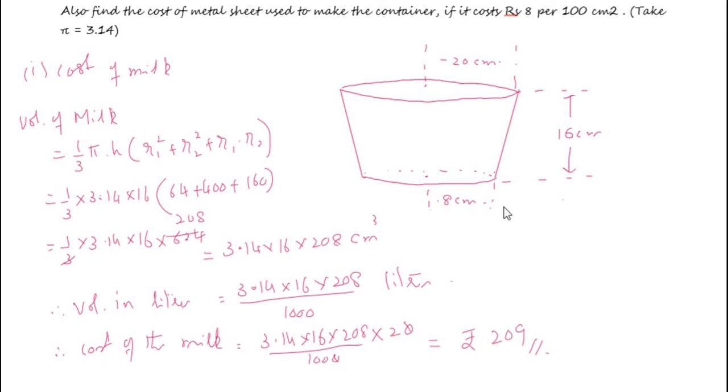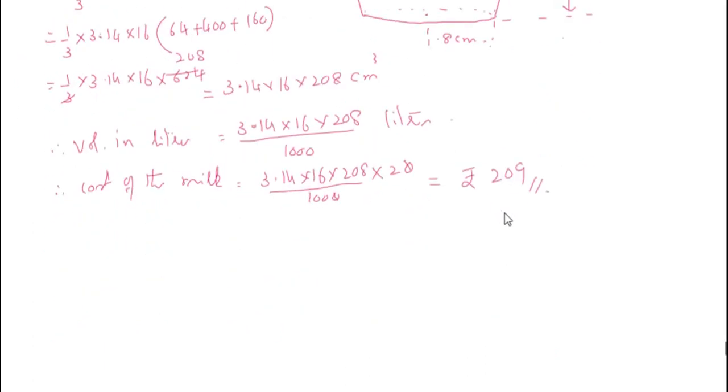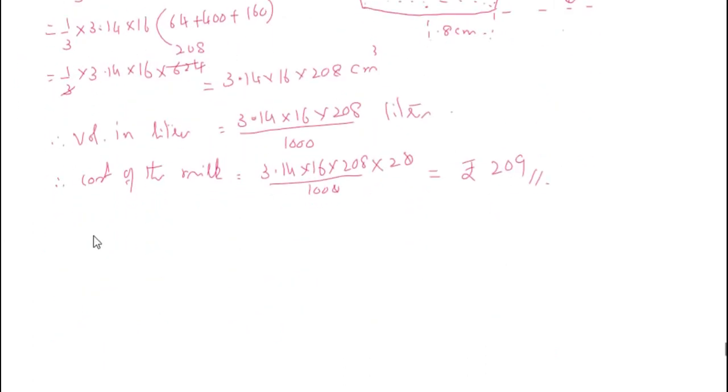That will give you the surface area of the metal sheet used. So area of the metal sheet used is equal to CSA plus pi R2 square.